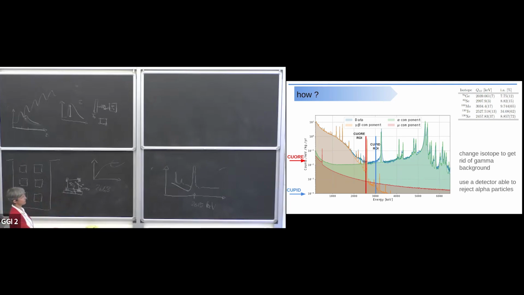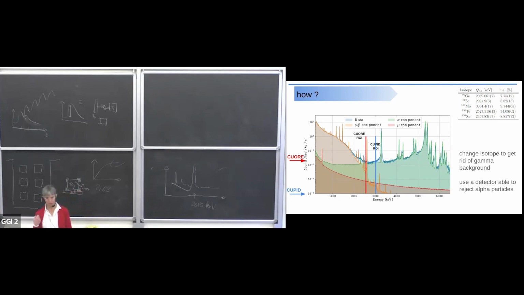And so we discovered that there is a beta gamma component, this one, orange, more or less. It produces this spectrum, and this is the region of interest of Quarry. You see that this spectrum has really a step here, and above the thallium line, this is the thallium line, the beta gamma background is very, very low.